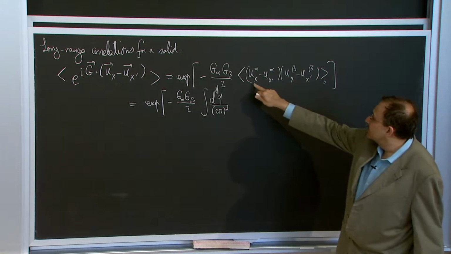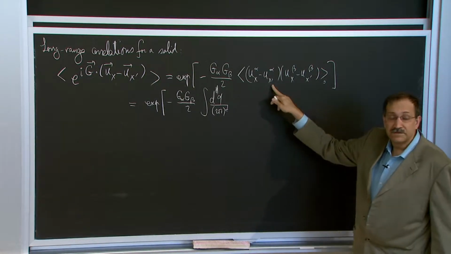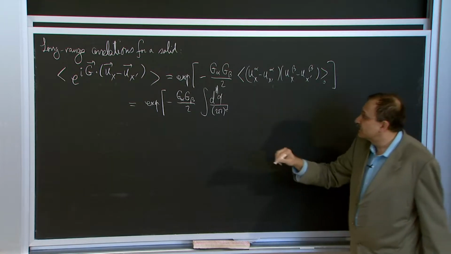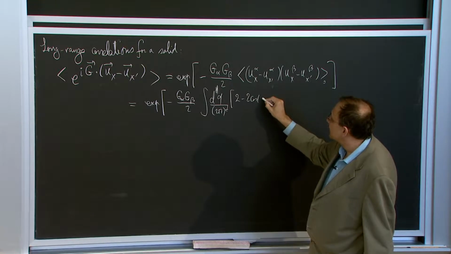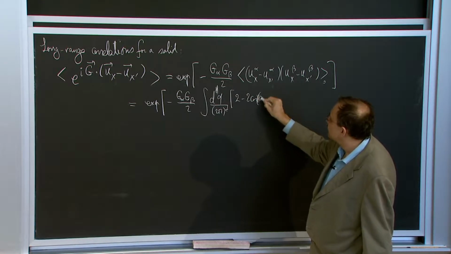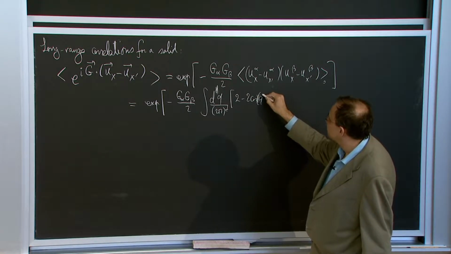Because of these factors, I will get something like 2 minus 2 cosine of q dot x minus x prime.